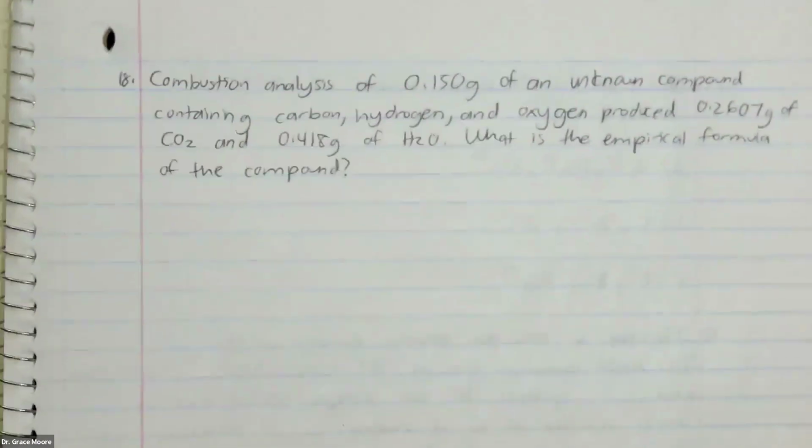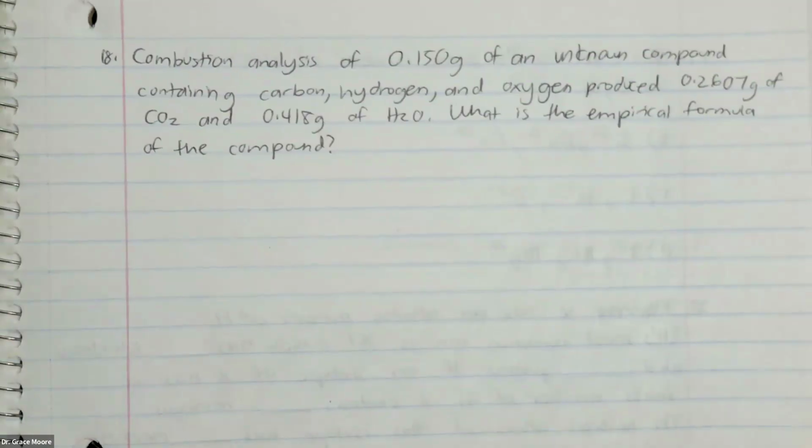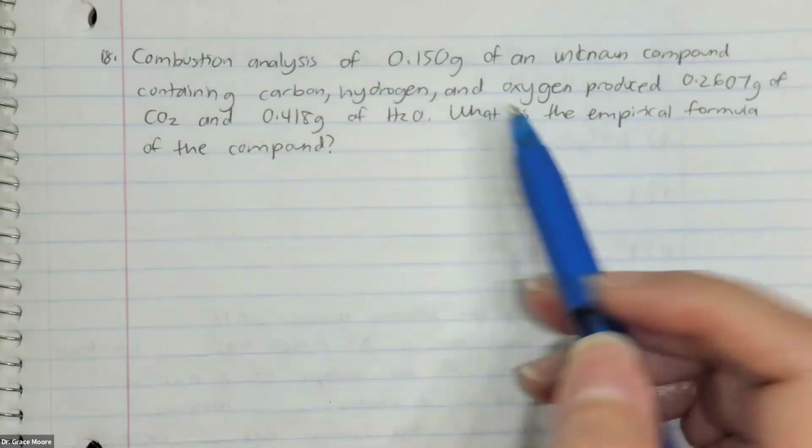Let's move on to the next question. Number 18. Combustion analysis of 0.150 grams of an unknown compound containing carbon, hydrogen, and oxygen. It's going to make you 0.2607 grams of CO2 and 0.418 grams of water. So these are my products.